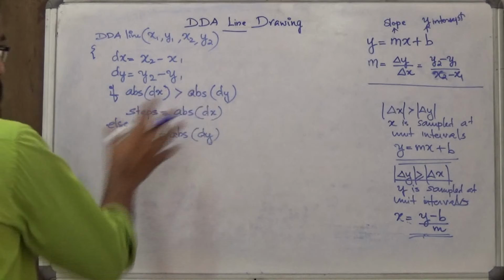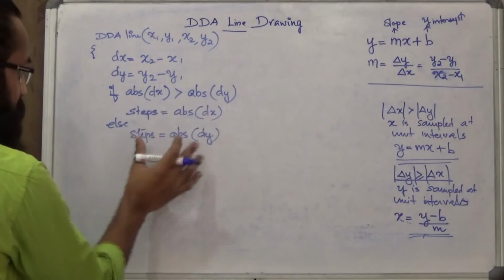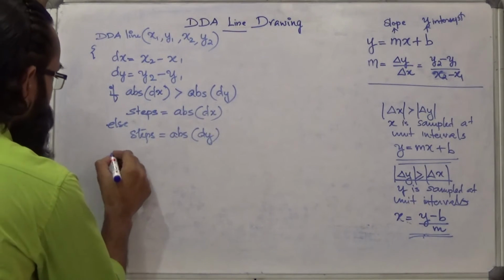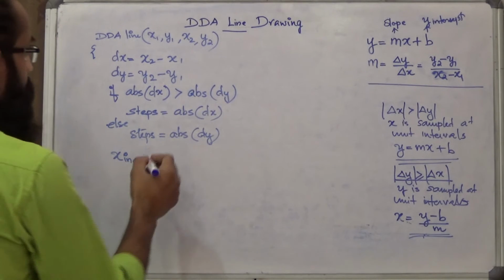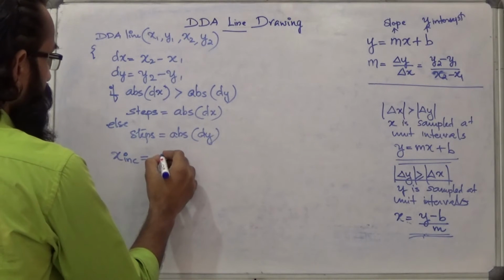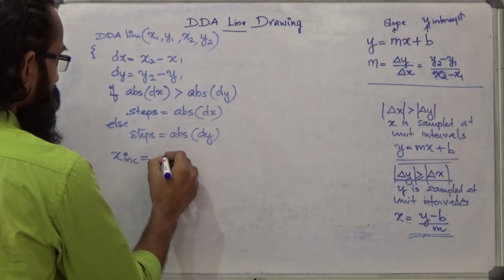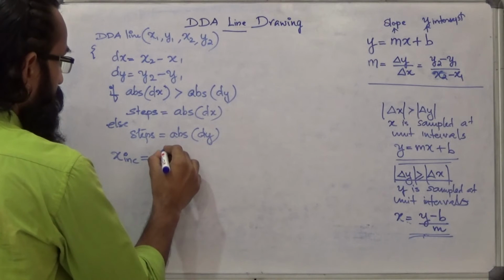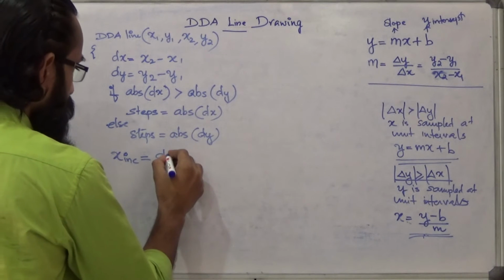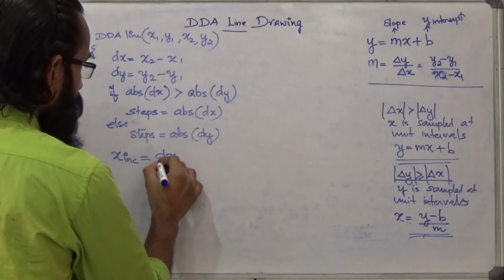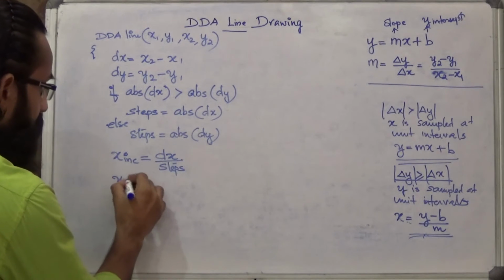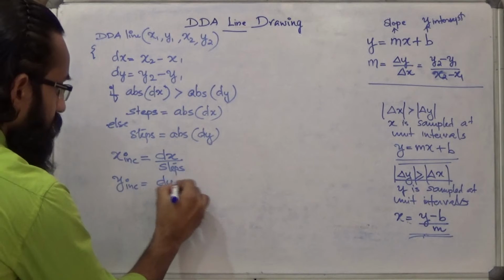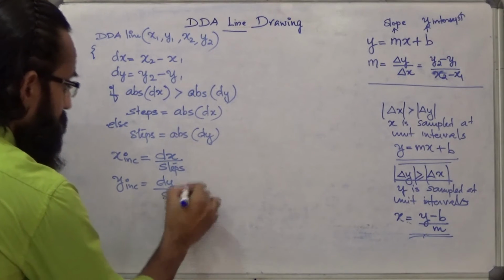Now after fixing the steps, you have to determine x increment. X increment is equal to dx by steps, and y increment is equal to dy by steps.